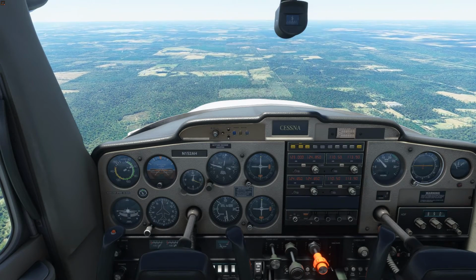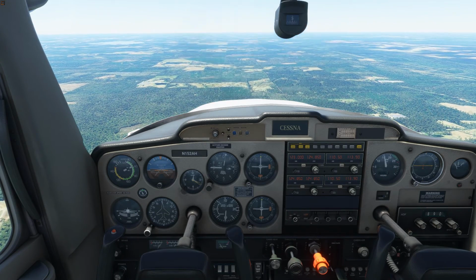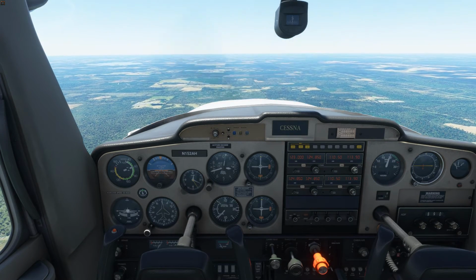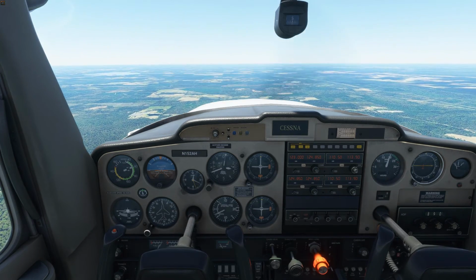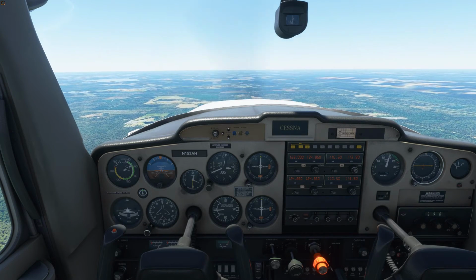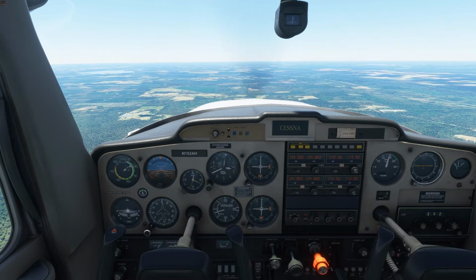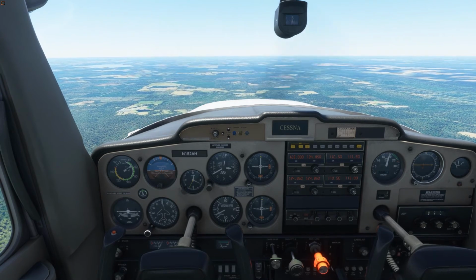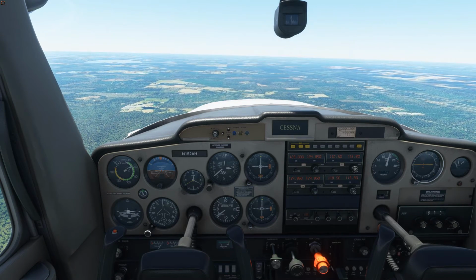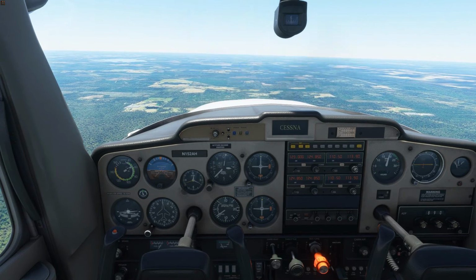I'll go ahead and put my power back up to 2,000. Kind of do the last bit of the descent here at about a 300 feet per minute rate. And just like the normal level off, we want to lead our level off by about 10% of our rate of descent.